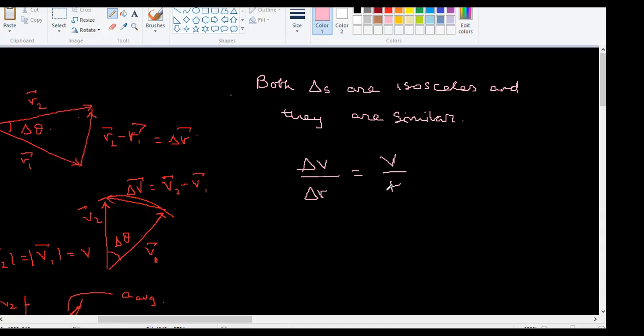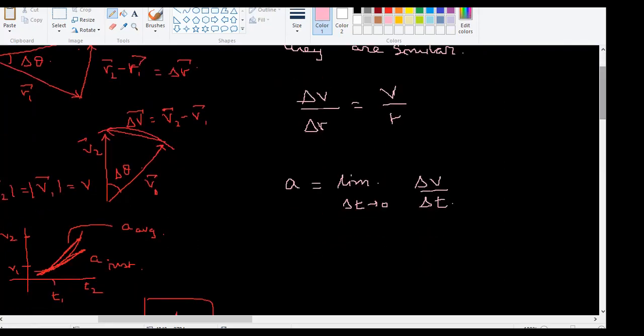So then what did I do here? V, del V by del T. So V del R into R. So del V by del T. So I gave you that acceleration is equal to the limit delta T tends to 0 of del V by del T, which is change in velocity by change in time taken or time interval.